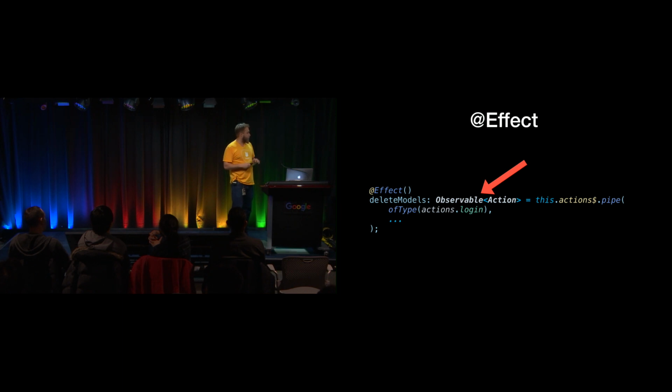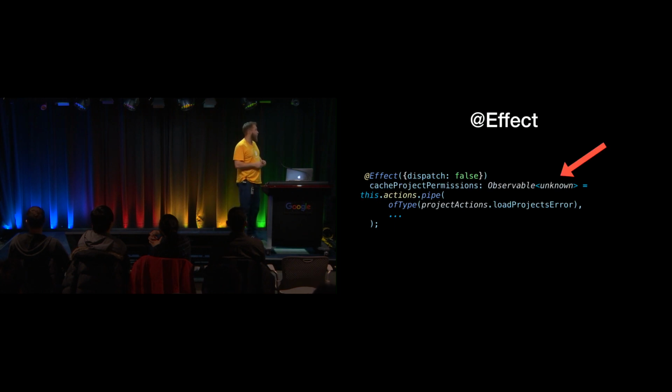So Observable of Action is one of the options. And the second condition: it could also be Observable of unknown. If we pass in a special object, which is the effect config, with dispatch false in the decorator, we don't care what the Observable is of. It doesn't have to be an Action, because we are not dispatching it ourselves.